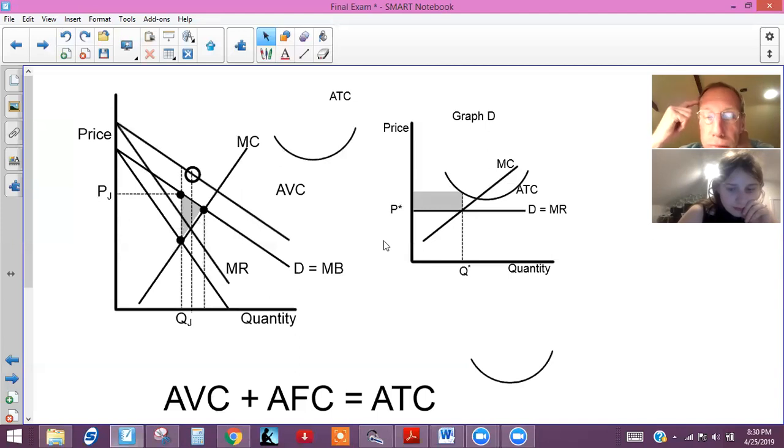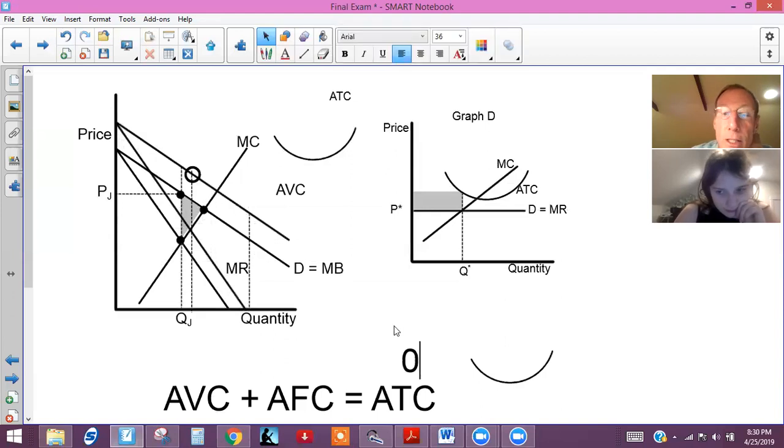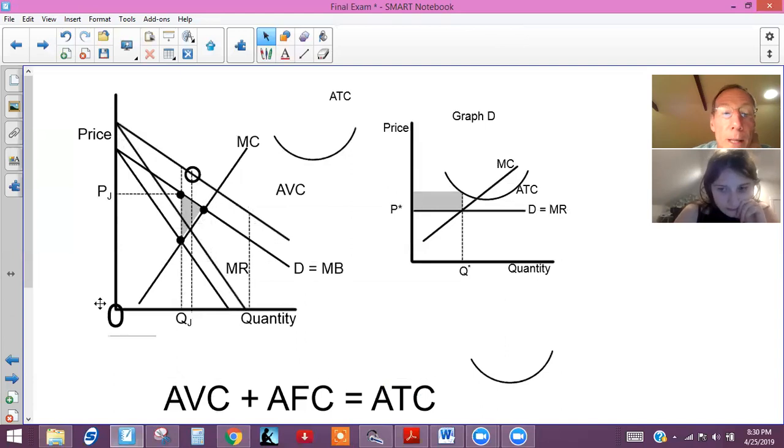Remember that when marginal revenue is greater than zero, okay, so if you're anywhere on the demand curve from here up, demand is elastic, because marginal revenue is greater than zero, assuming this is zero right here at the bottom.